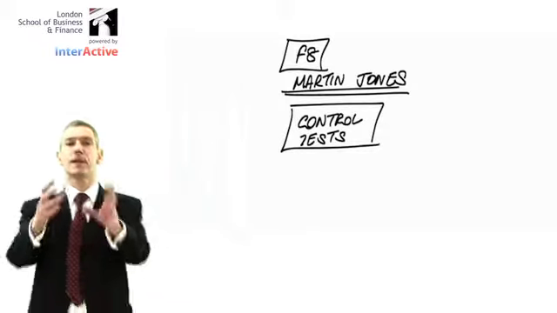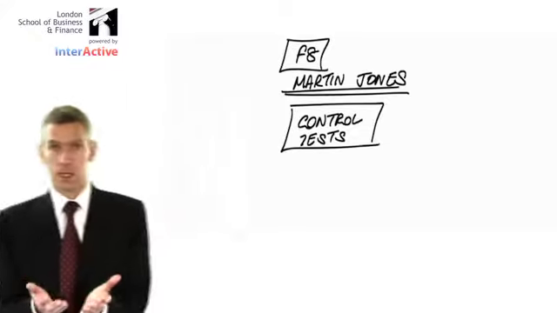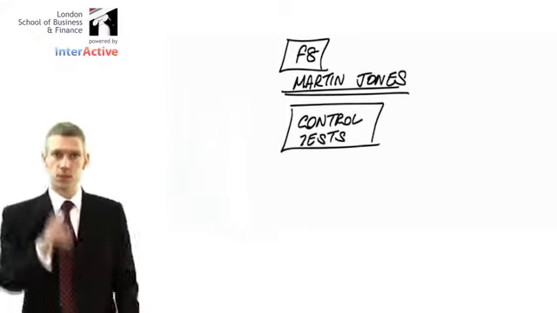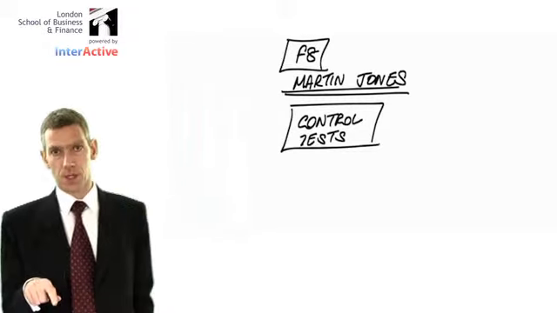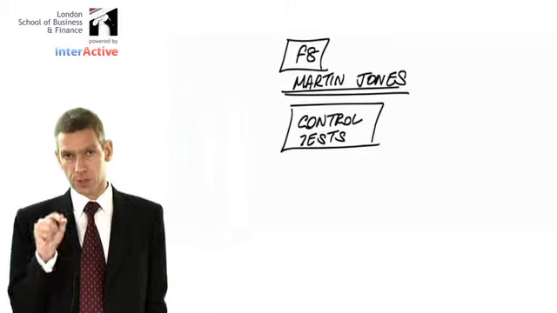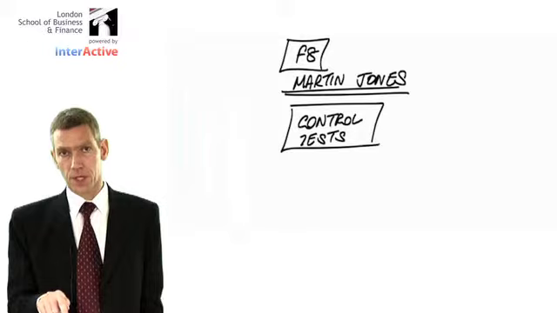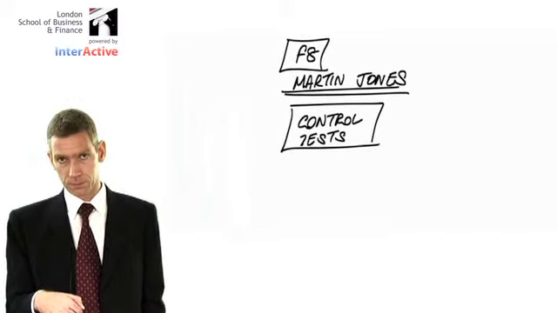So, picture yourself in the exam. You open up the paper. The examiner says, here's a system. Design control tests. What do you do? You go into the scenario and extract the controls that she gives you. Then you take her controls and you test them.